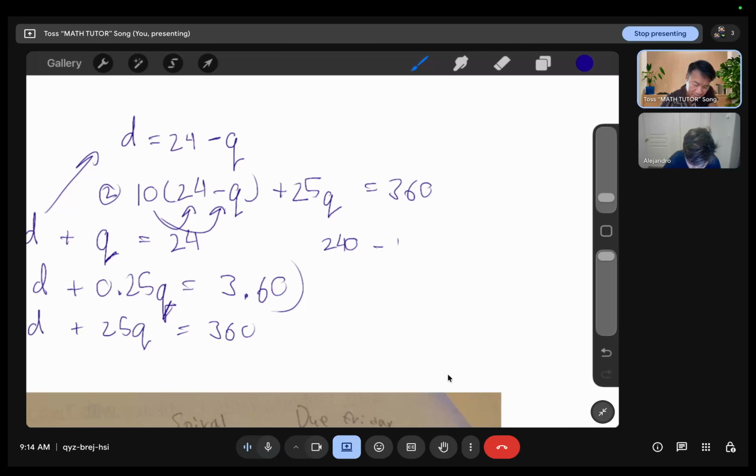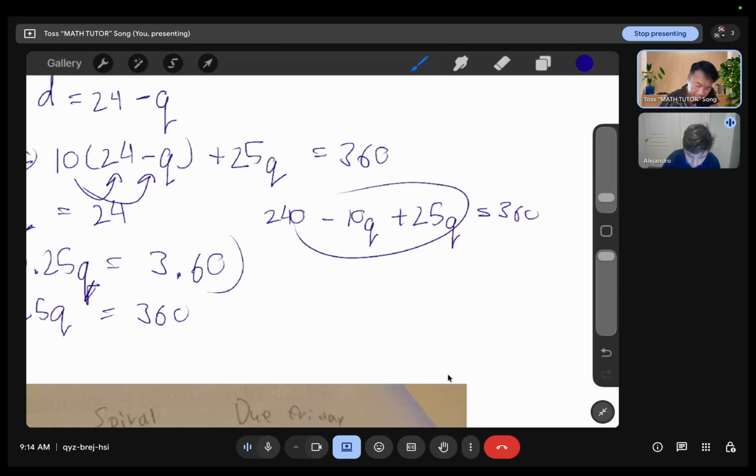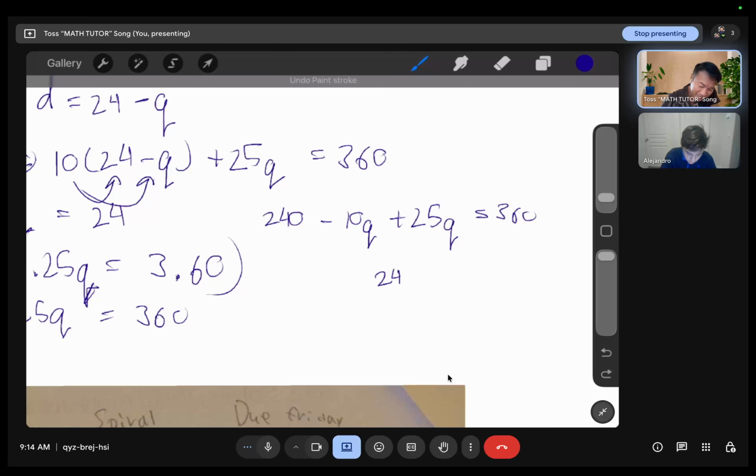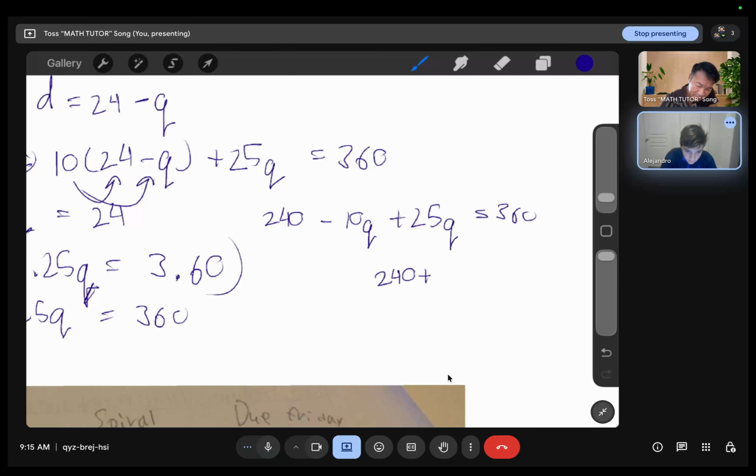Minus 10q plus 25q equals 360. Combine like terms, it'll be 240 plus, what is that, 15q, equals 360. Subtract both sides by 240.